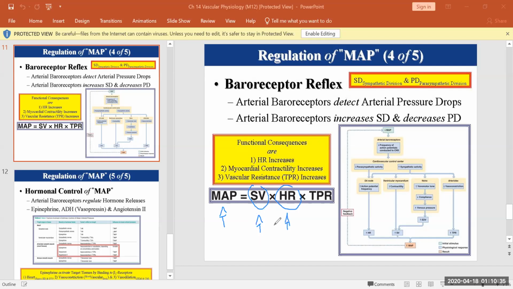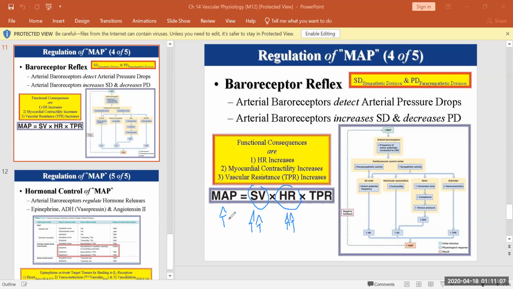So beta 1 on the pacemaker cell is increasing HR, MAP increases. Beta 1 on the cardiac contractile cell is SV. So stroke volume increases, MAP also increases, right? So epinephrine acting on beta 1, affecting both components of the heart, affecting the electrical component of the heart, affecting the mechanical component of the heart.